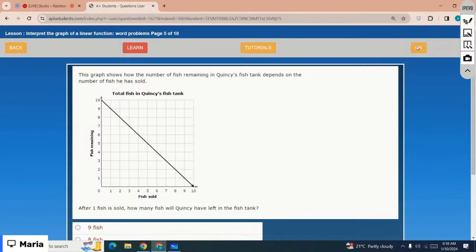Okay, the next one is this graph shows how the number of fish remaining in Quincy's fish tank depends on the number of fish he has sold. After one fish is sold, how many fish will Quincy have left in the fish tank? So, which is the correct option?